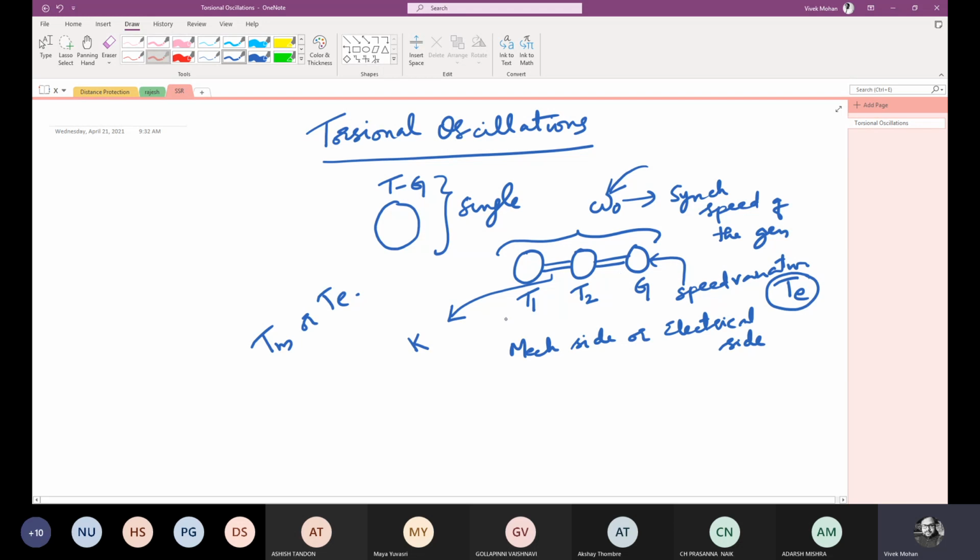Now I am writing this as omega T1, omega T2 and omega G. These may be at different speeds because of a momentary speed variation. So now the turbine generator system cannot be considered as a single mass with a specified inertia constant H. Rather, we consider them as different masses with different inertia constants. So the torsion experienced by the turbine generator shafts is basically studied in this topic.